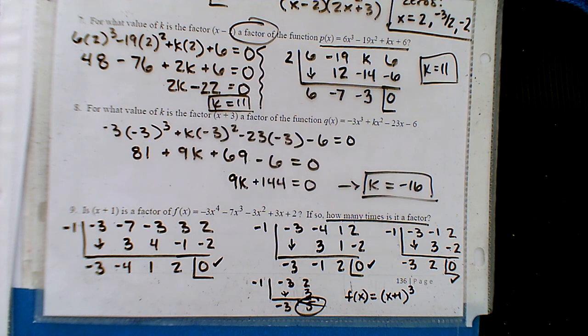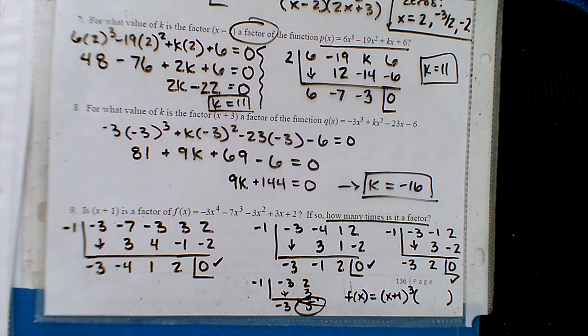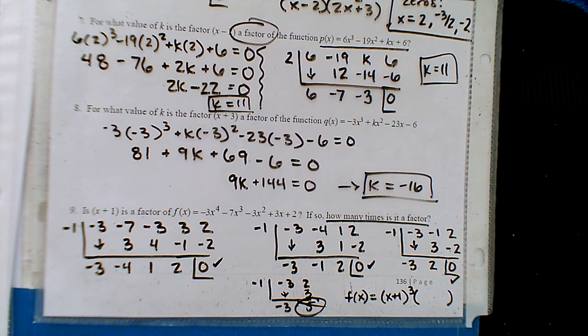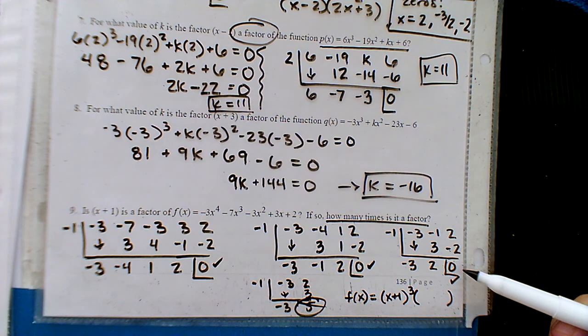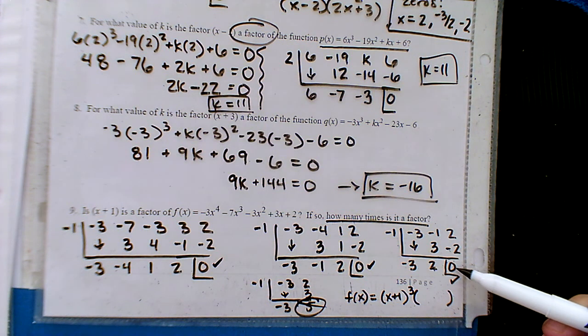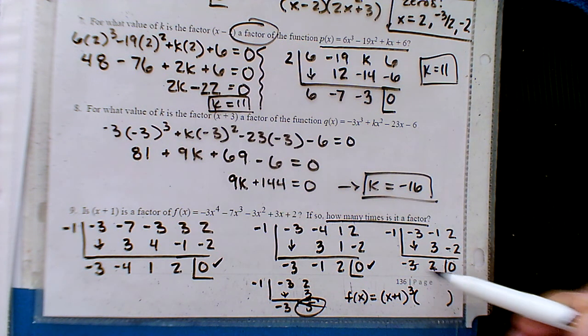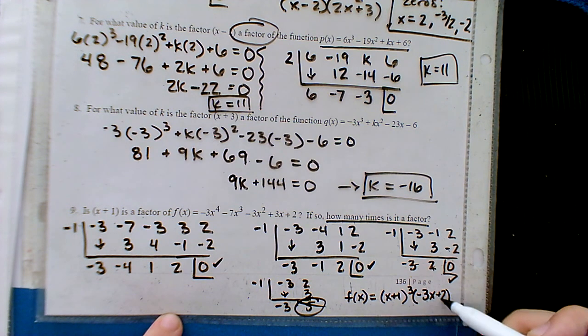But then we can just cube it, so we don't have to write it so many times. What is the other factor? When did this stop being a factor? After the third one, right? So then this is your remaining quotient, right? So negative 3x plus 2.